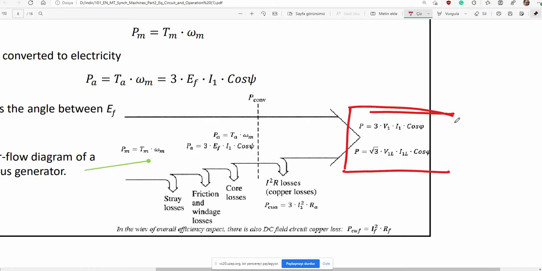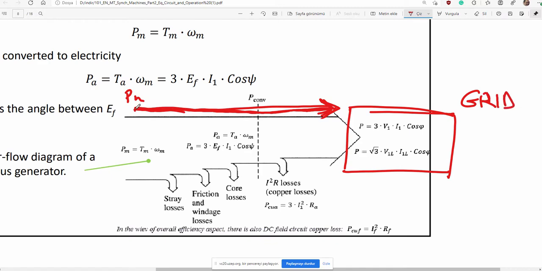we know output power. For example, if this is generator right now, power flow is this. We are already familiar with power flow, and then that is the main power route. Mechanical power will come and convert it into electric and then supply, let's say here's grid or loads, that mechanical power supply the national grid.